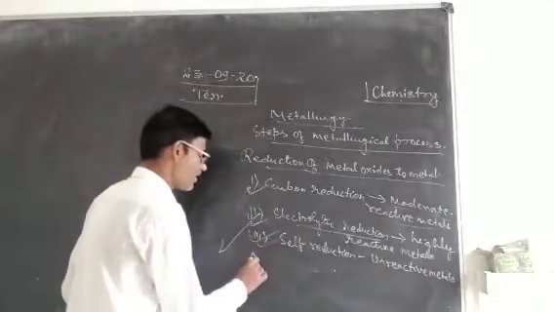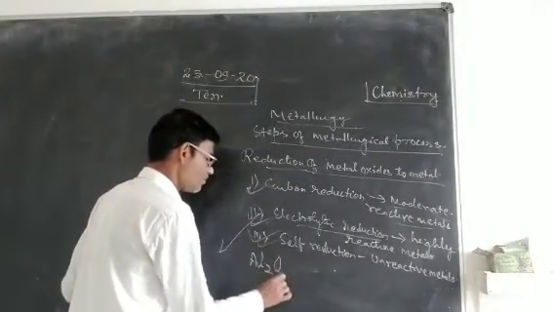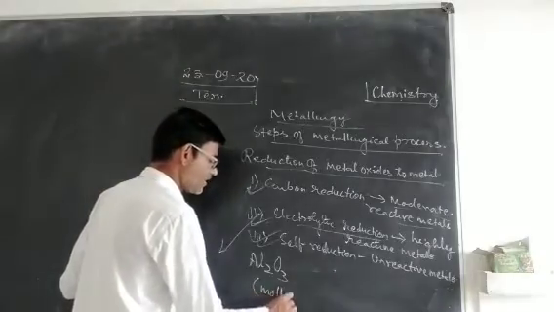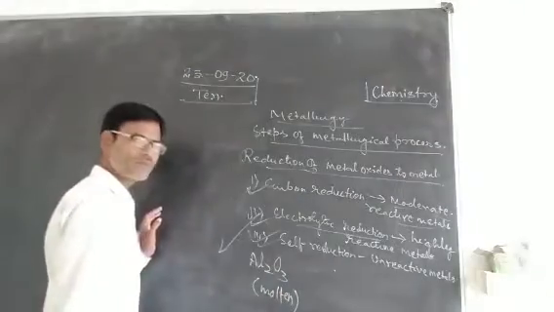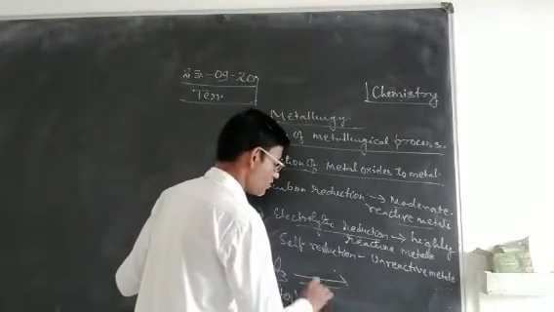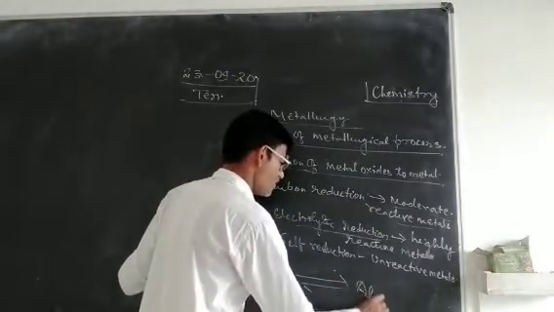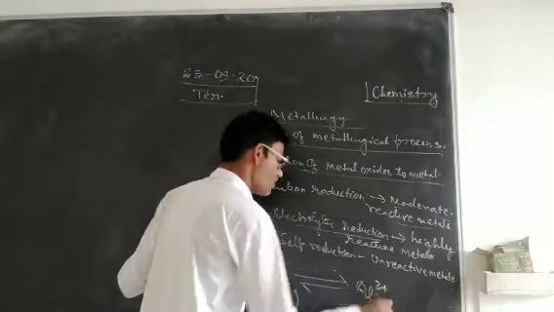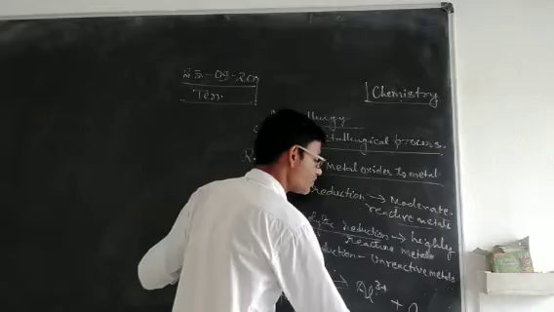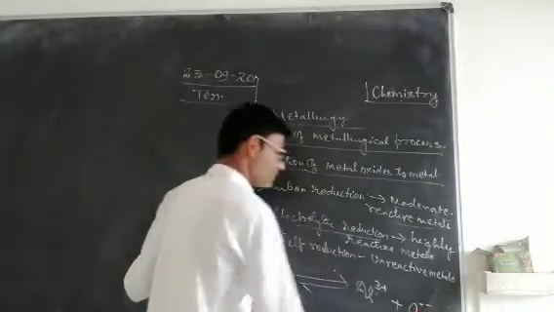In this method of reduction, the molten alumina is used as electrolyte. When electric current is passed, it breaks into constituent ions, aluminum ion and oxide ion.